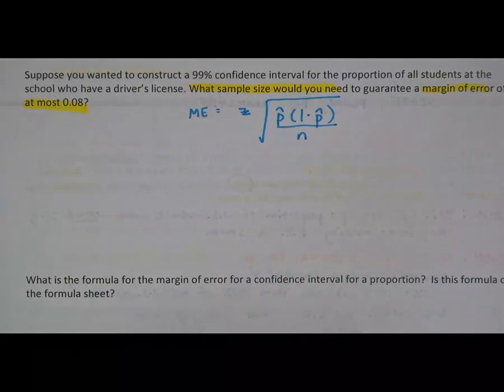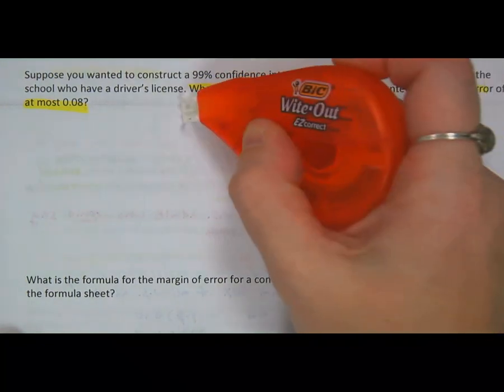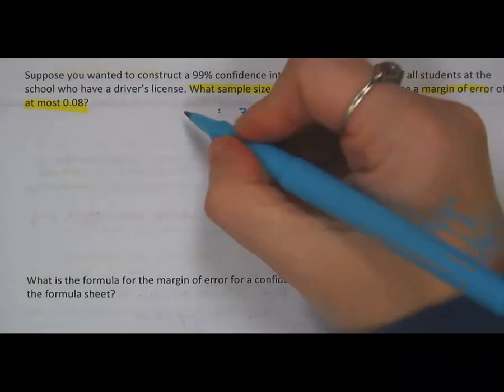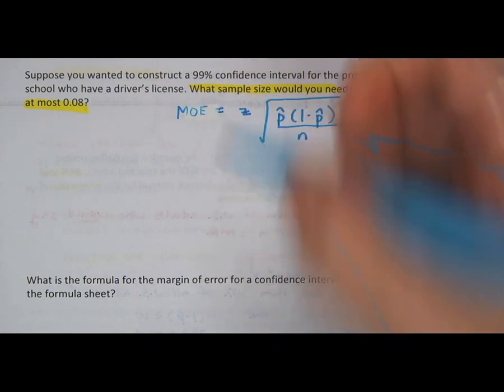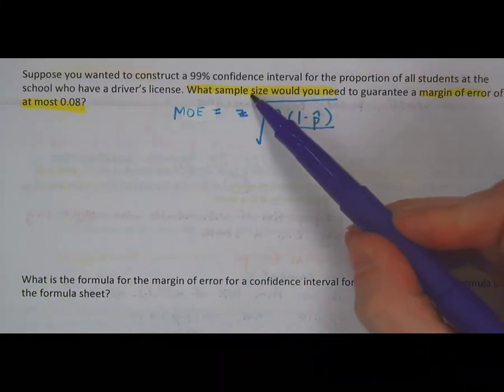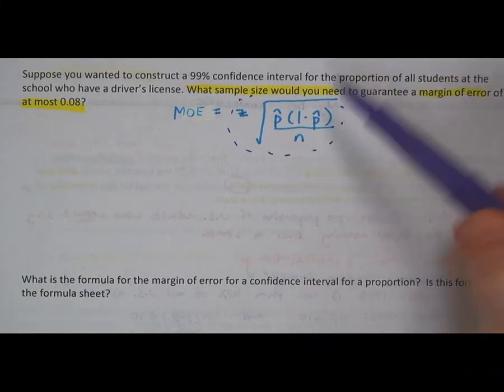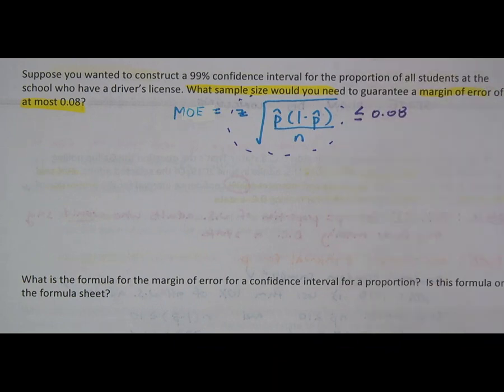I guess I should put MOE for margin of error to be consistent with how we've done it in the notes before. Okay. So I want to make sure that the margin of error is at most 0.08. So basically, I'm going to take this right here, and I want to make sure that it's less than or equal to 0.08.